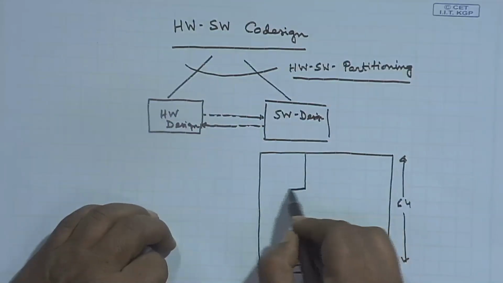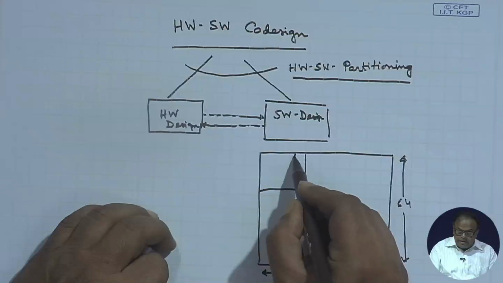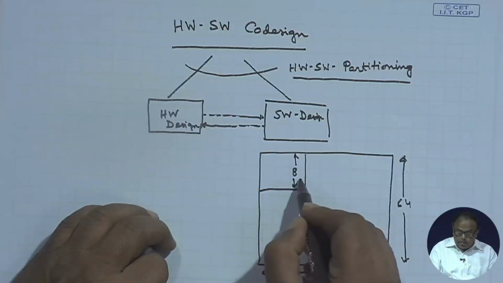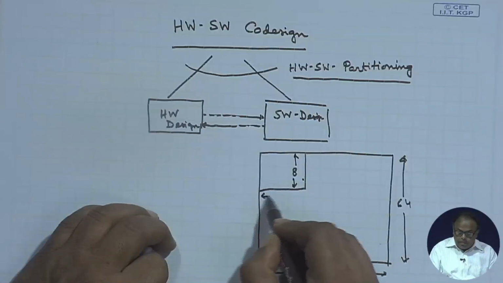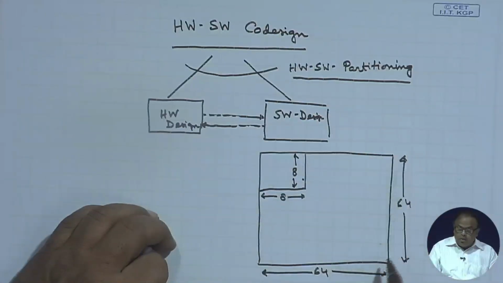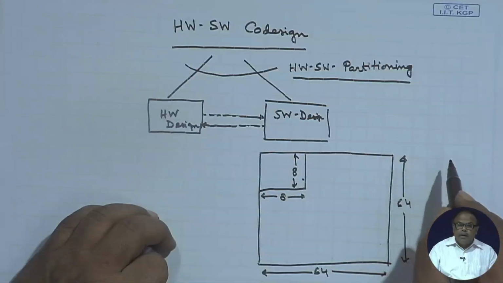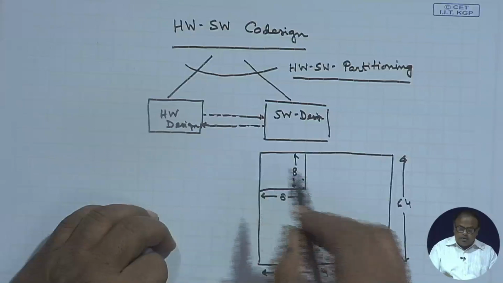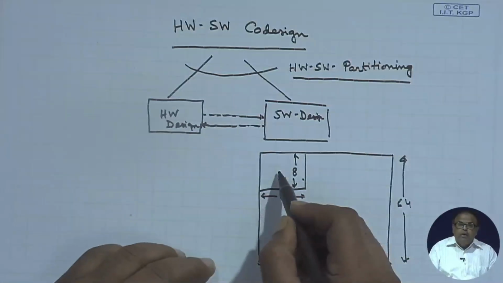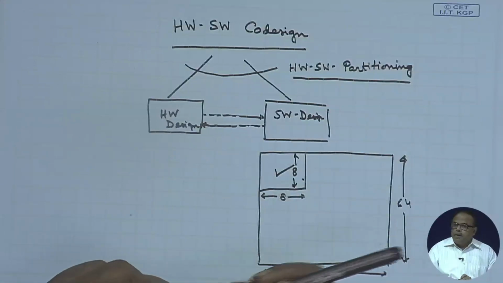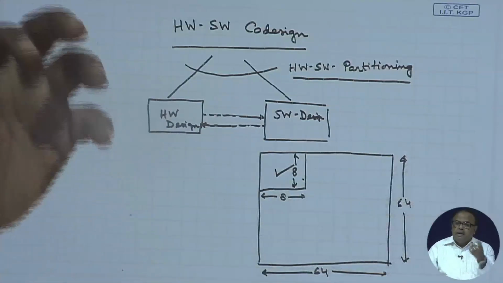We are breaking them into 8 by 8. That means, how many such blocks will I have? 64 blocks. I will have 64 such blocks, and we will be carrying out the compression and everything on each of these blocks separately. That means, at a time I will take one of these blocks and work on that.